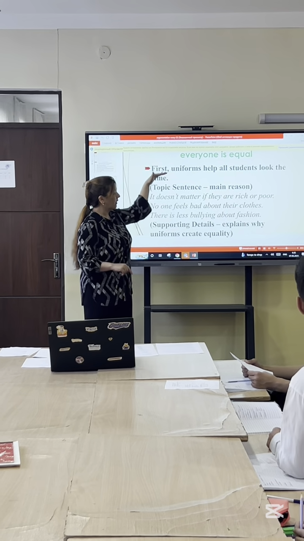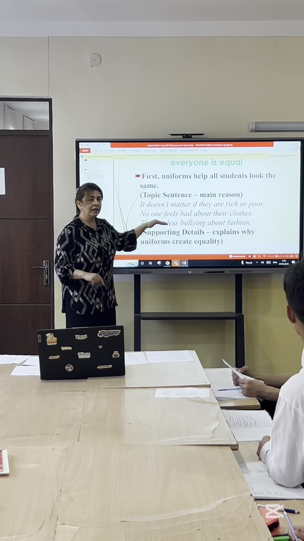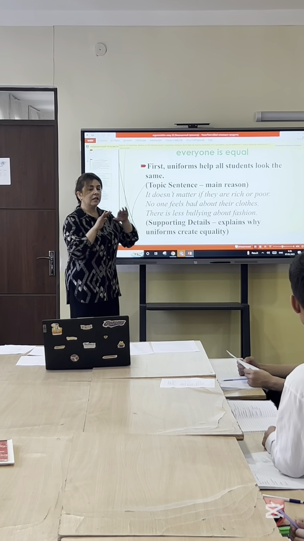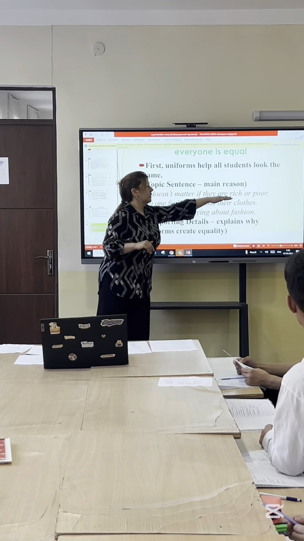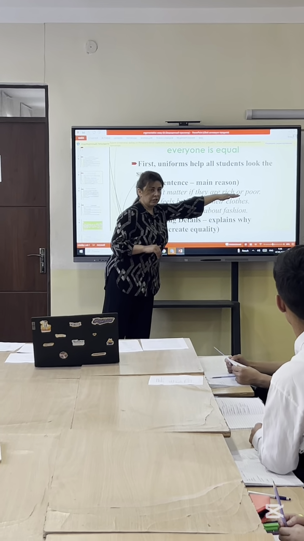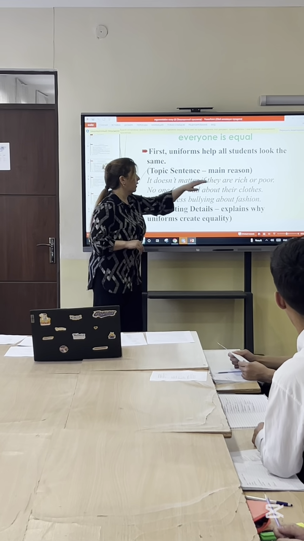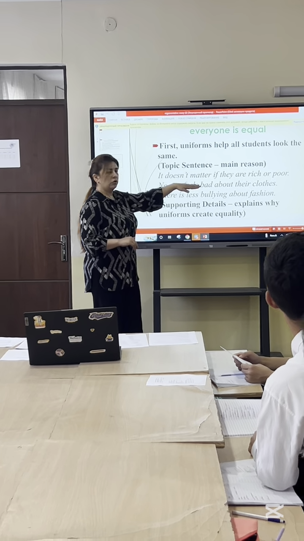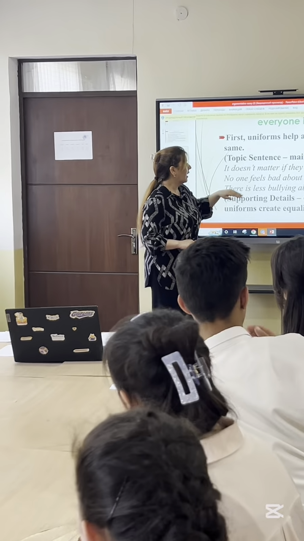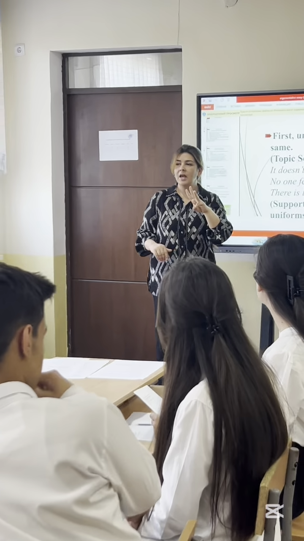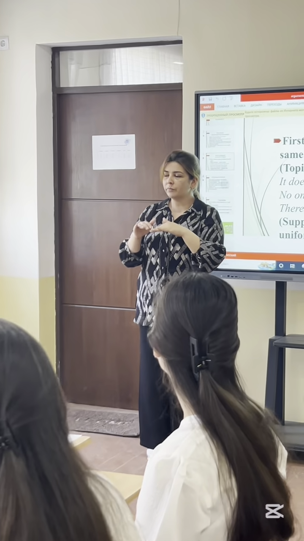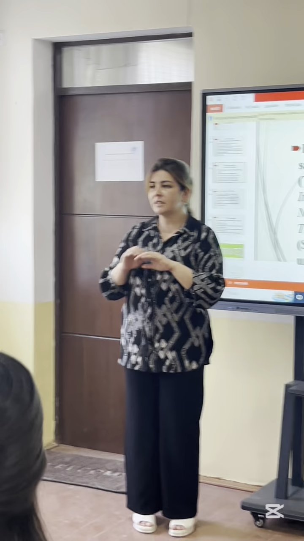I am here explaining why it is good. Wearing uniform is equal for everyone. Why is it? It is because no one is rich or poor, their clothes make no one feel bad, the second one, and bullying, the third one. I prove that wearing the uniform is equal.